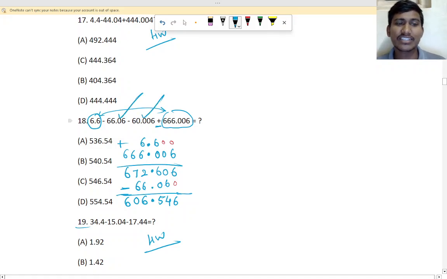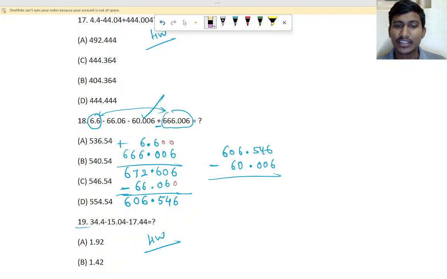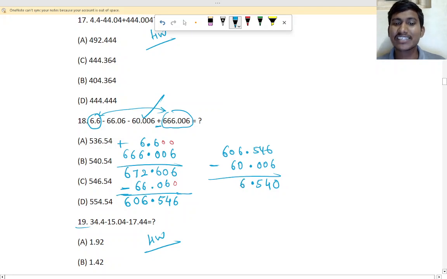Next we have to minus this one, right? So if you minus this one you will get the answer. 606.546 minus the next number, 60 point 006. The second number we have to minus. First we completed, second number we have to minus. 6 minus 6 is 0, 4 minus 0 is 4, 5 point, 6 minus 0 is 6, 60 minus 6 is 54.